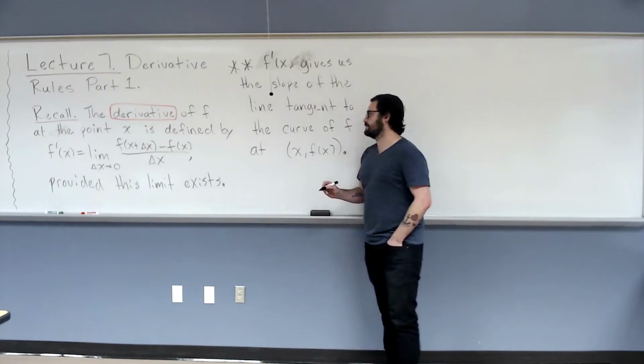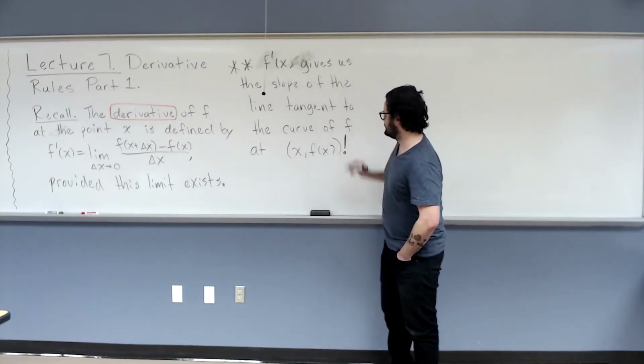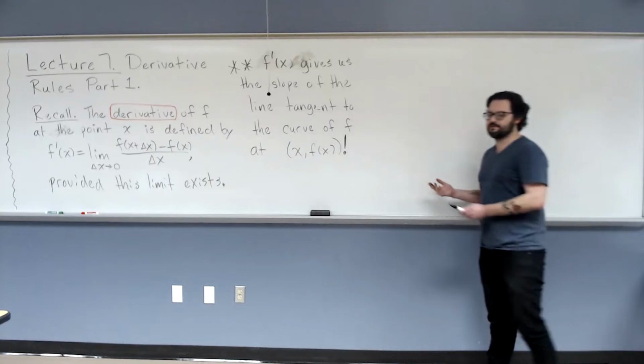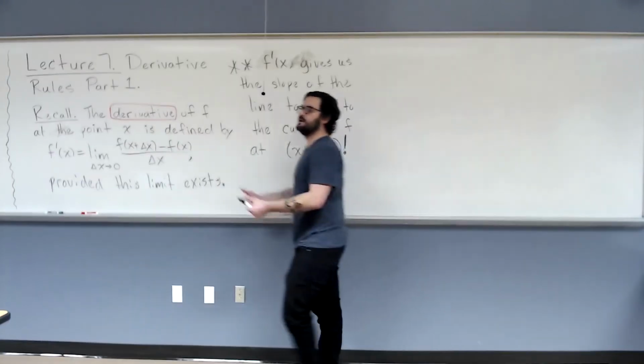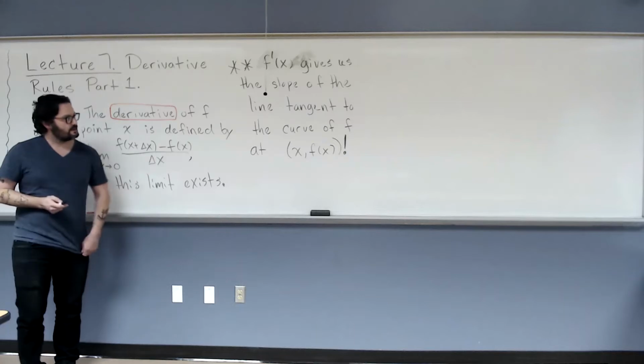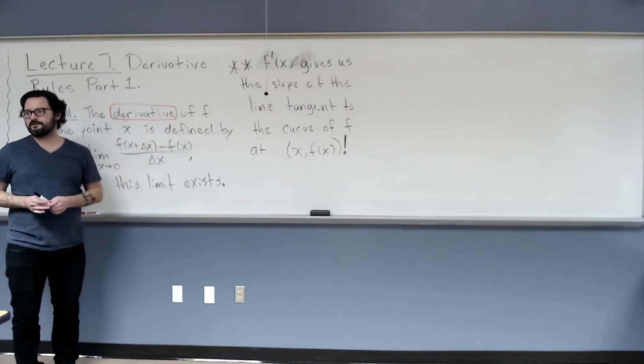Okay, I can't emphasize that enough. That's why we care about it. There are other implications, there are other reasons why we would care about it. But to me, when I'm learning or teaching calculus, I think of that, right?